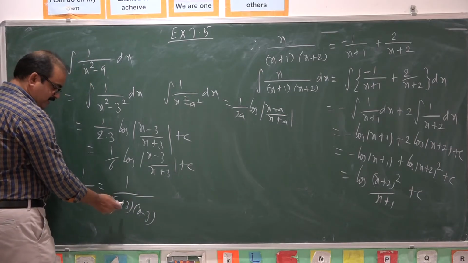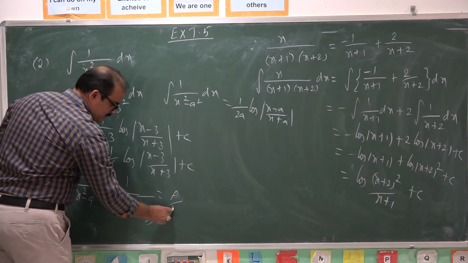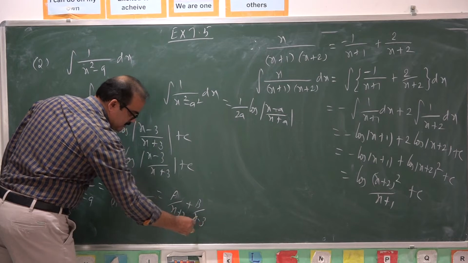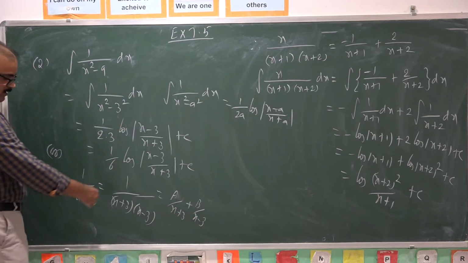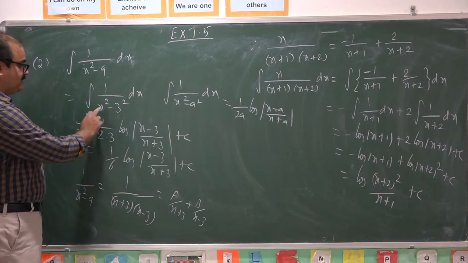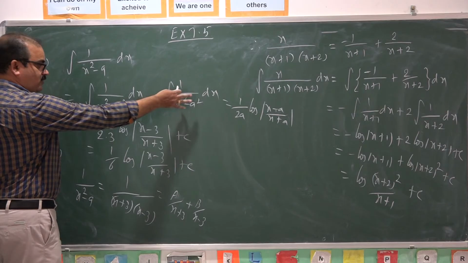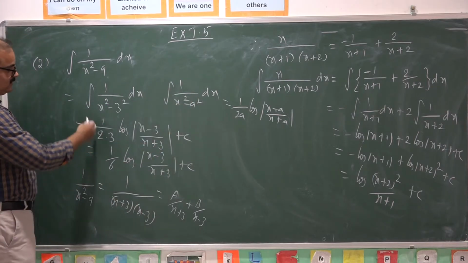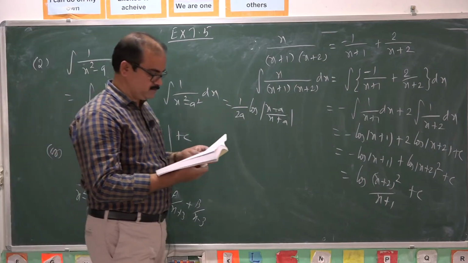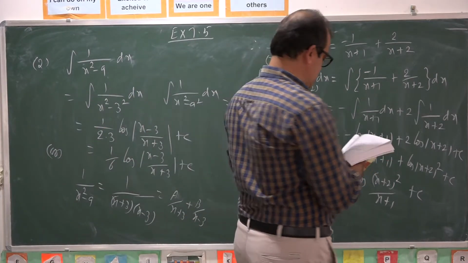Write it as a by (x plus 3) plus b by (x minus 3). Find the values of a and b, and on integrating we get the same answer. So you follow any one of the methods. Here it is the direct formula of 1 by (x square minus a square), so we apply this formula directly. Next, third one.